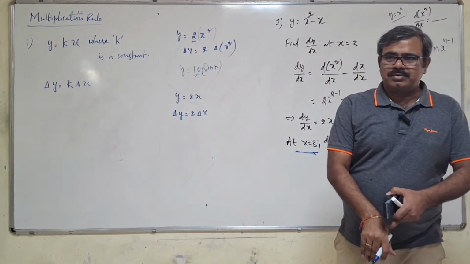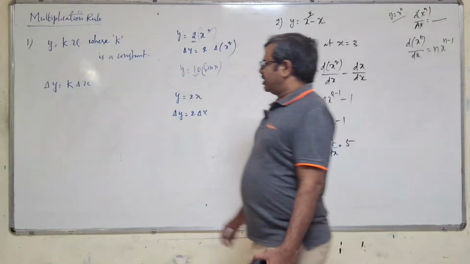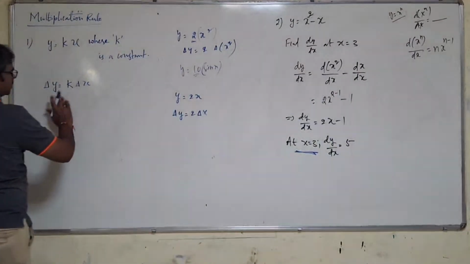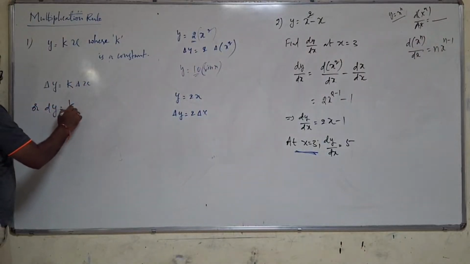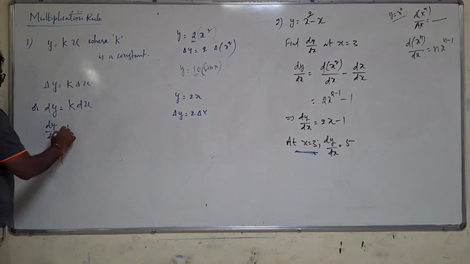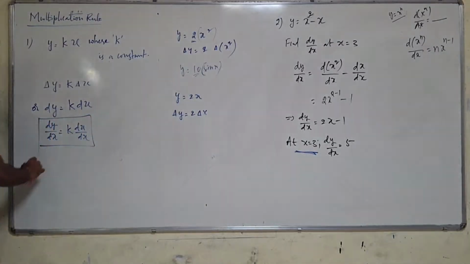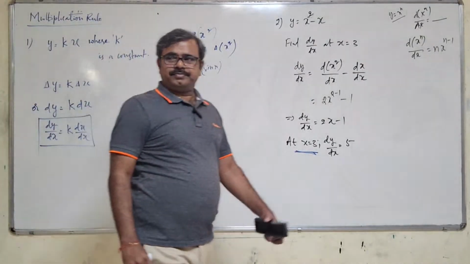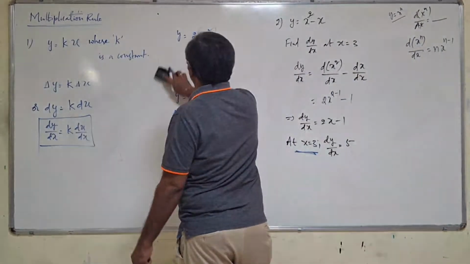Say yes or no. Similarly, we are talking about small changes. So dy is equal to k du. dy by dx is equal to k du by dx, if k is a constant. This is how we write it.